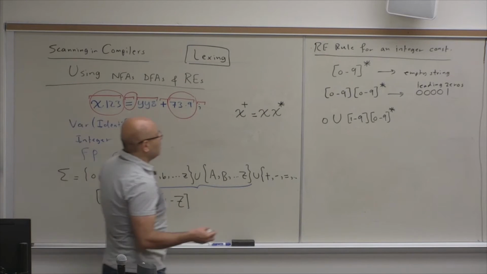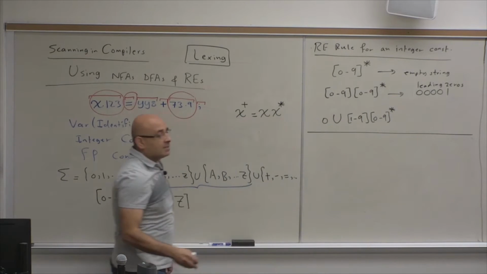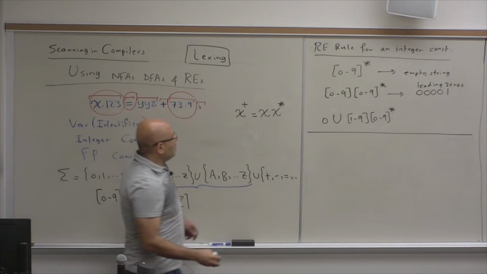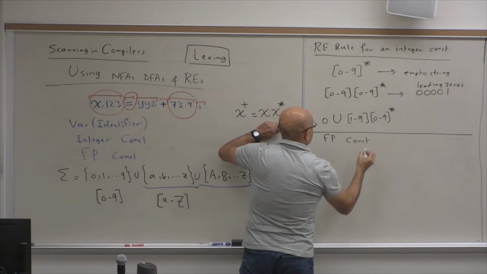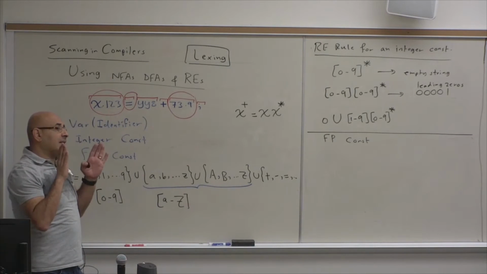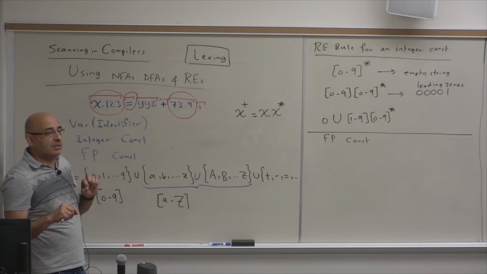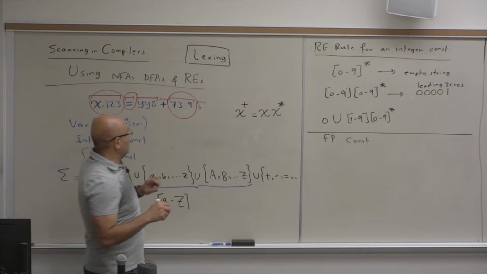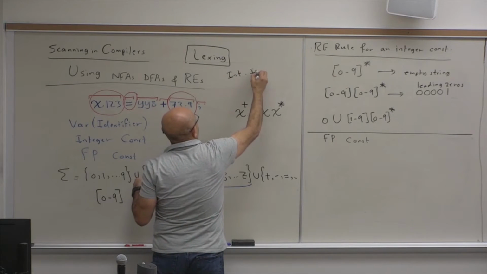So this is for integer constants. What about floating point constants? For a floating point constant, you have basically two integers with a decimal point between them. So the floating point is like an integer dot integer.